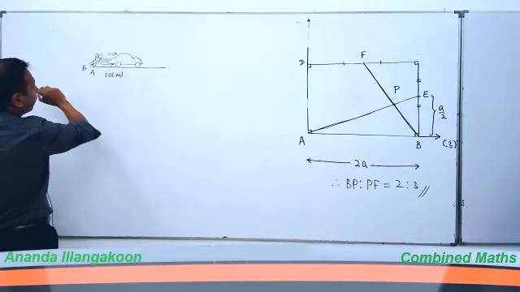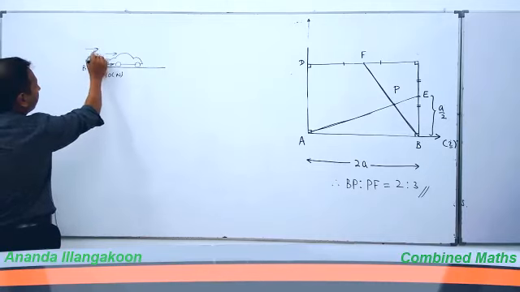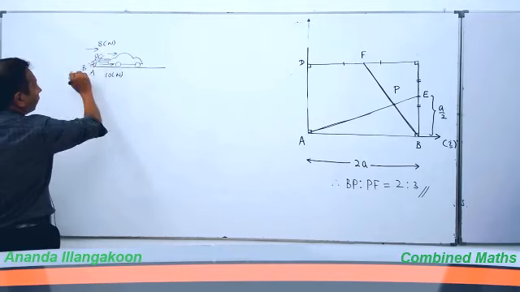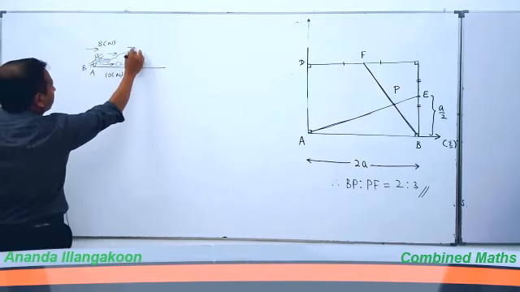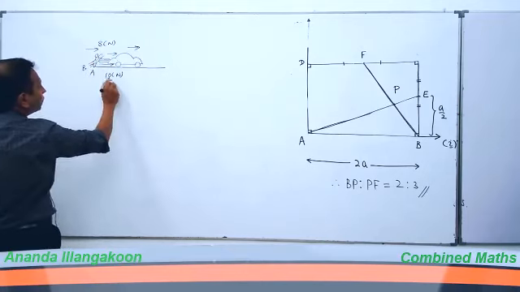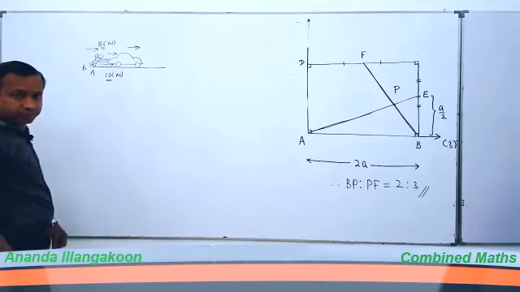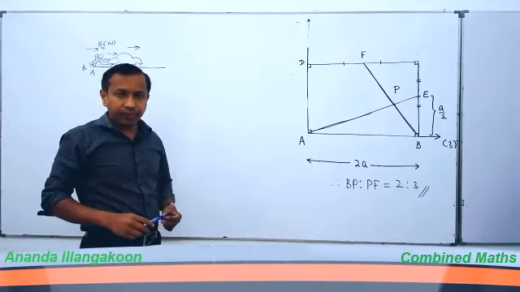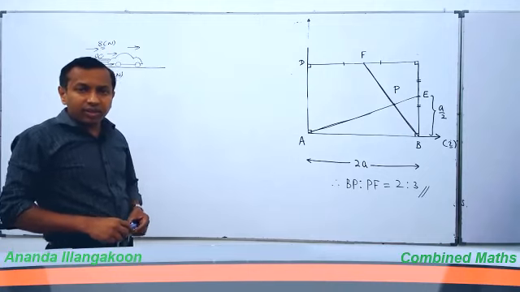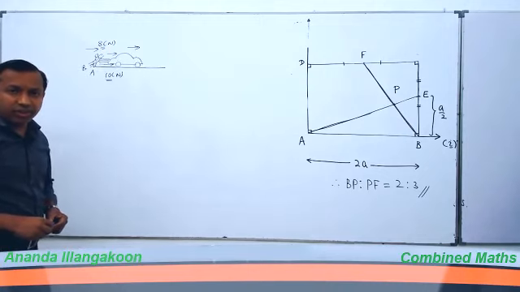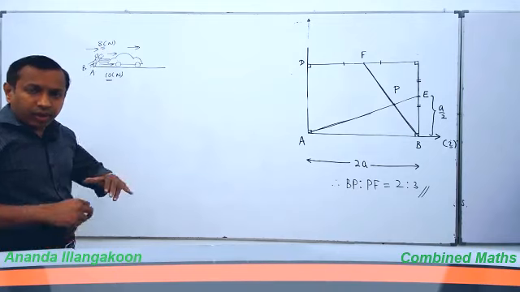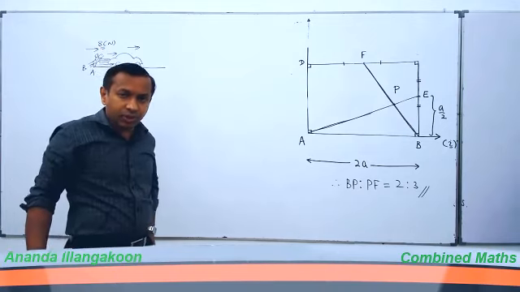Say he is B. He also applies 8 Newtons. Both A and B push this car rightward with two forces, 10 and 8, in the same direction. Finally, both A and B will give a final effect to the car.